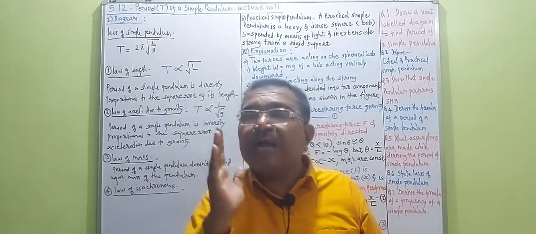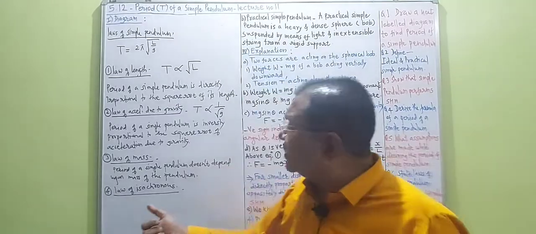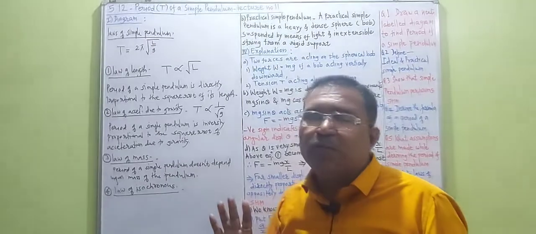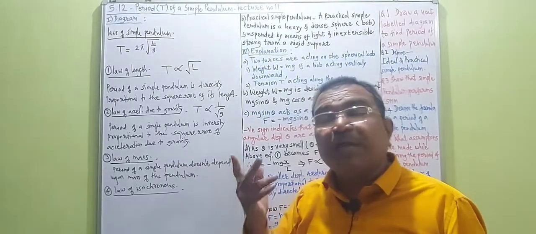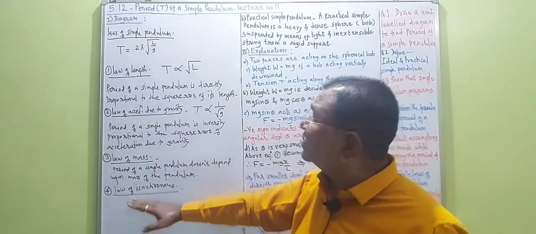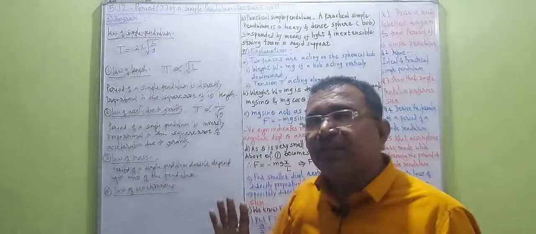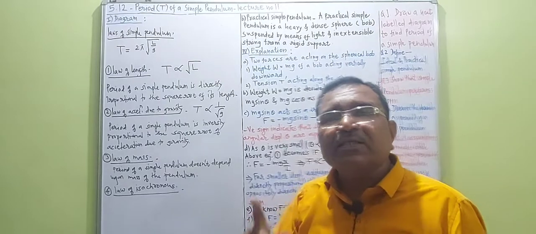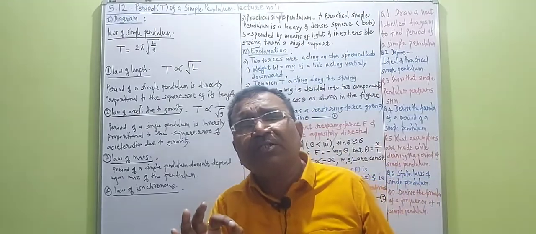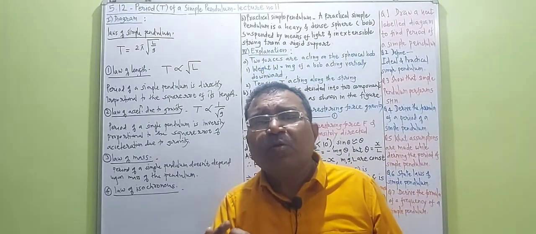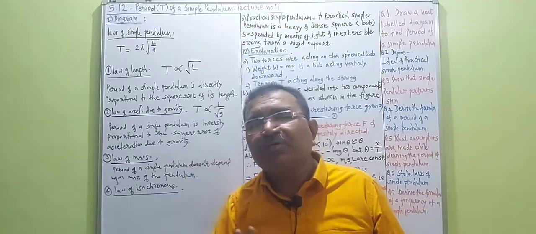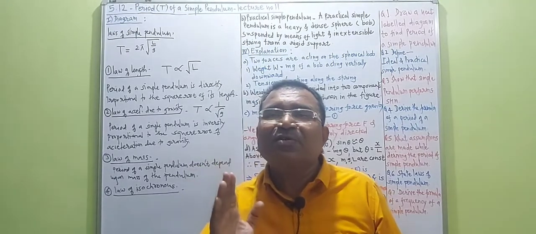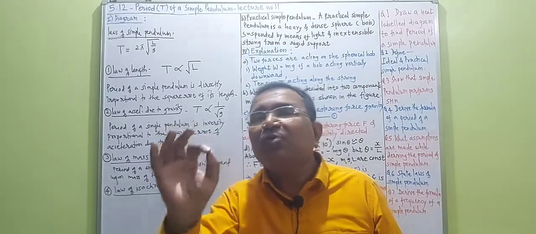As long as the amplitude is small, this law of isochronism will obey, otherwise not. If the amplitude is large, this law of isochronism is disobeyed. So to obey the law of isochronism, the most important precaution is that for a smaller amplitude, period of a simple pendulum does not depend upon amplitude of oscillation.